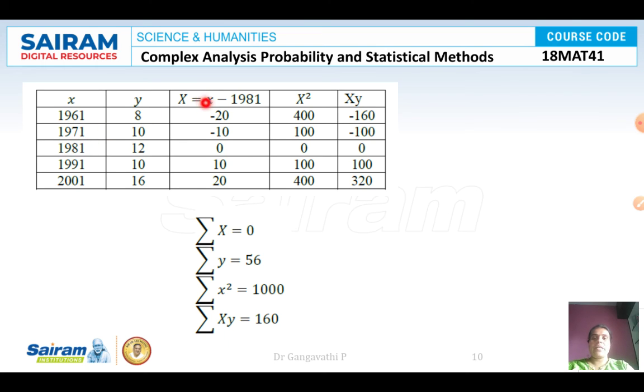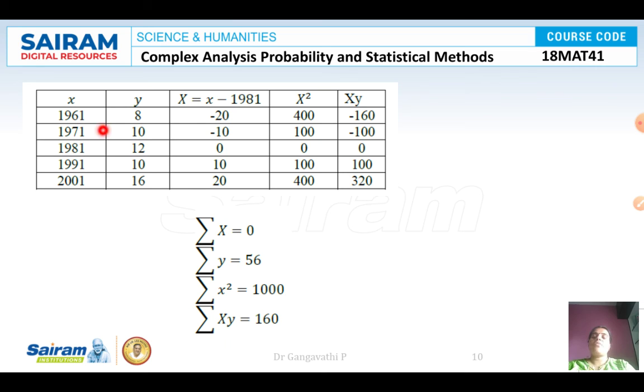For 1971, capital X becomes minus 10. For 1981, capital X is 0. For 1991, capital X is 10. And for 2001, it is 20.